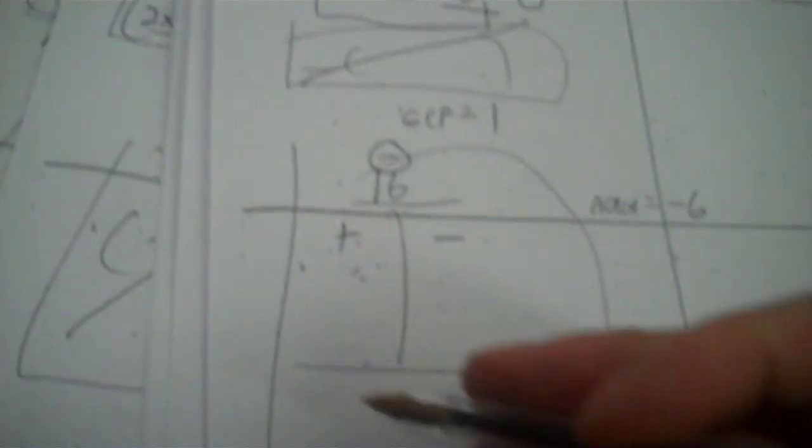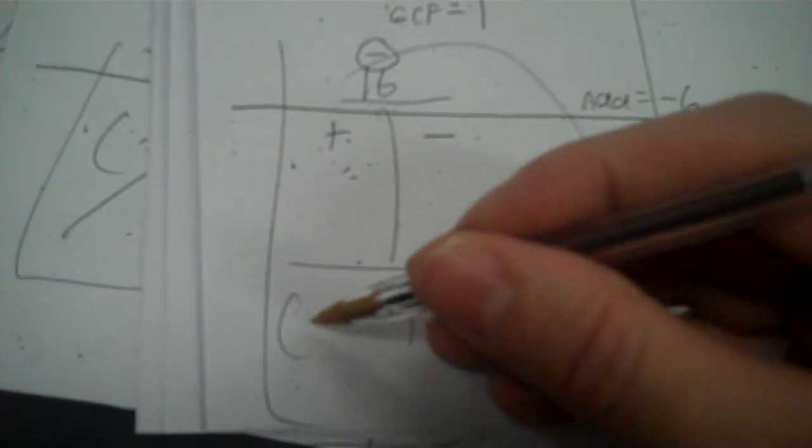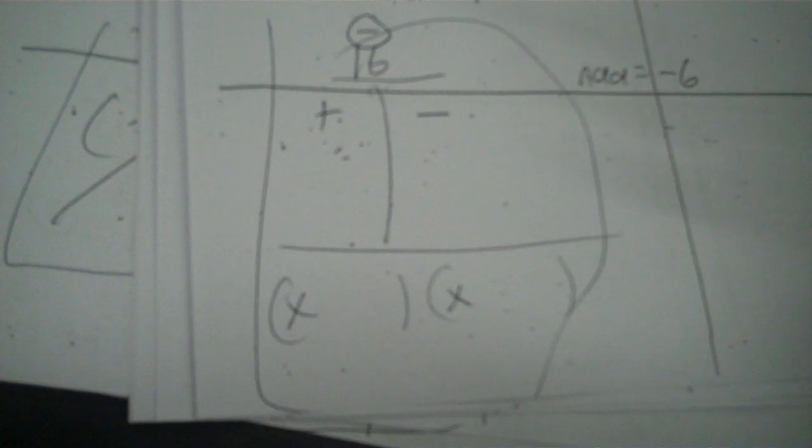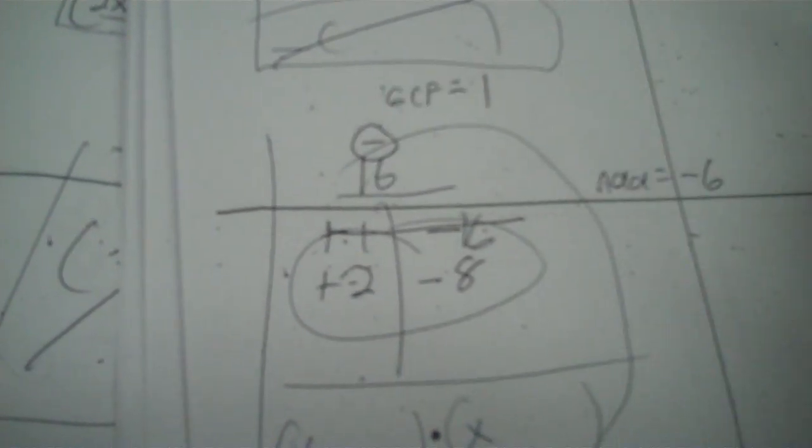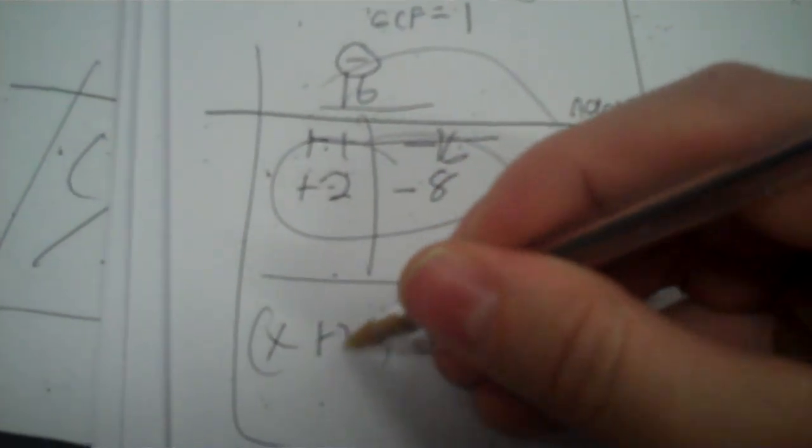By the way, your a is a 1, so you'll just need 2 parentheses written as x times x. 1 and 16, nope. Positive 2, negative 8, yep, that would work. So plus 2 minus 8 equals 0. You didn't do anything in the GCF, so this is the end of the factoring.